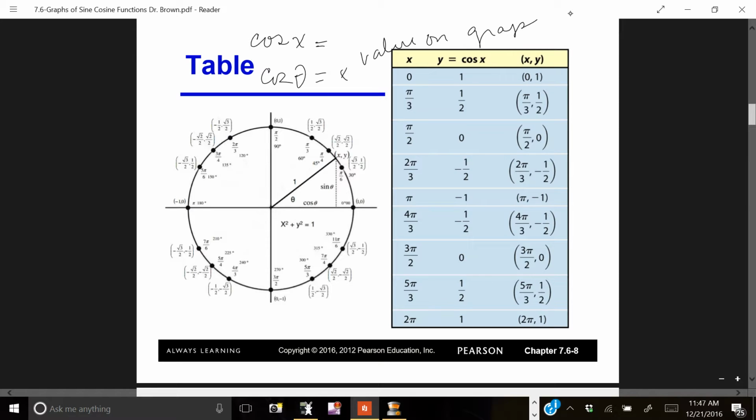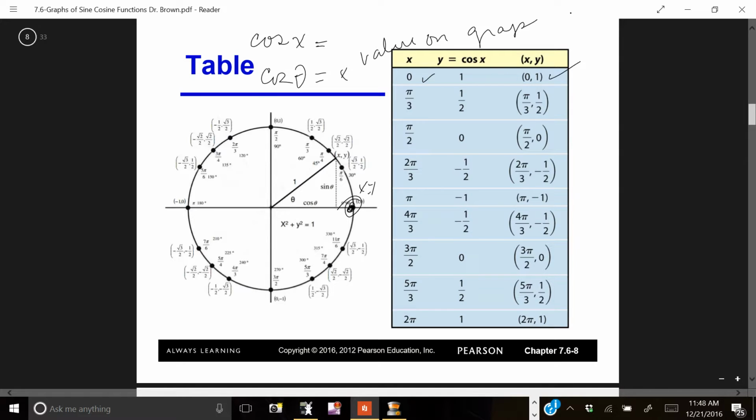So notice that at the angle theta equals 0, the value of the x value is 1. In other words, this is x equal 1.